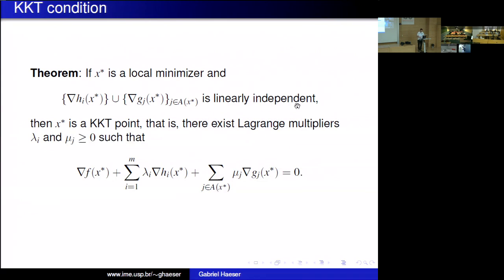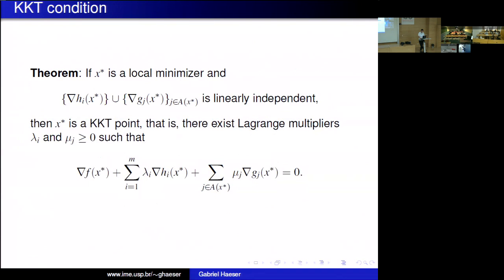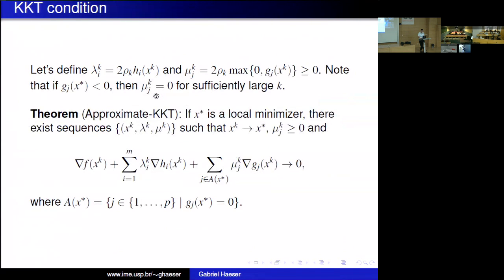We can assume something weaker. So we will prove this by using the approximate KKT theorem. So the assumption is that x star is a local minimizer with some additional condition. So I can use this approximate KKT theorem. I know that this sequence must exist.